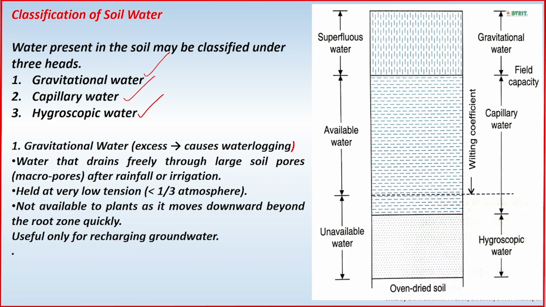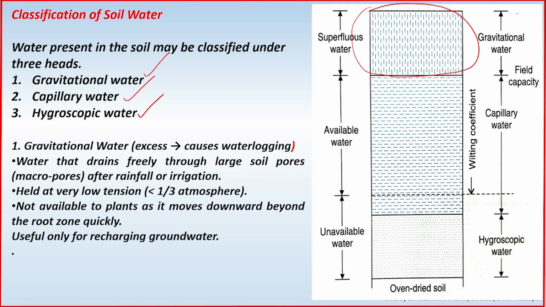So what is gravitational water? For example, if you see this part of the water, the water present in this zone, which is very near to the ground level. How can I know what type of water that is?